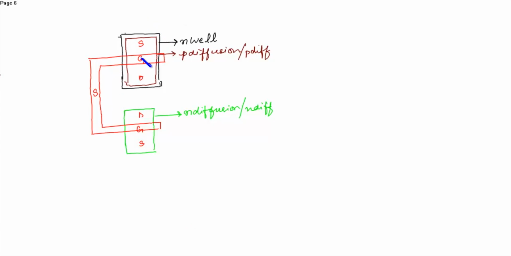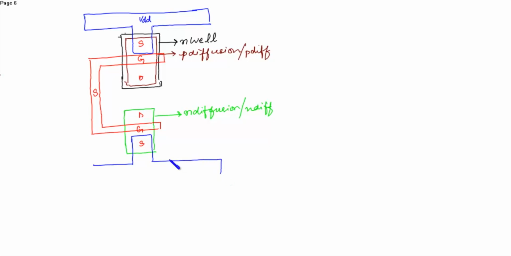The source of the PMOS is connected to VDD with the help of the metal layer. This is VDD. Similarly, the source of the NMOS is connected to ground.